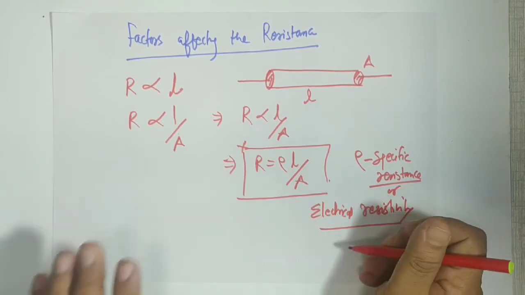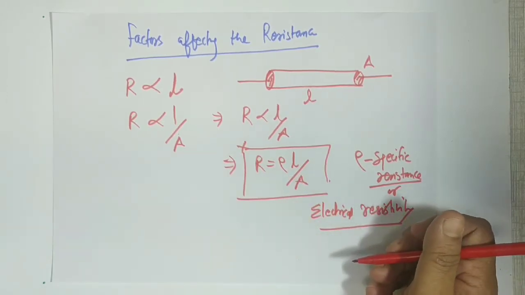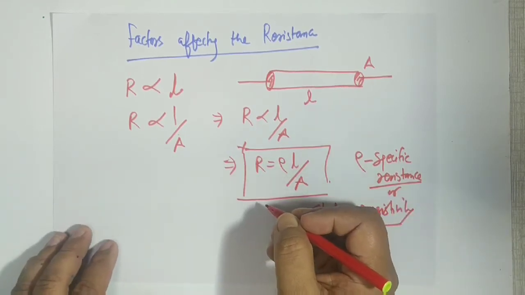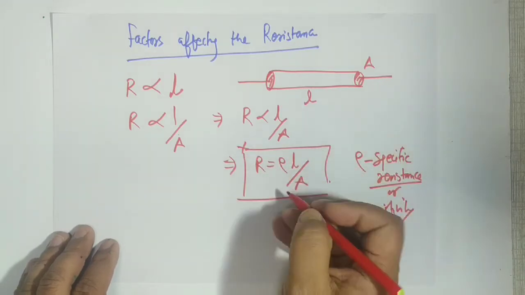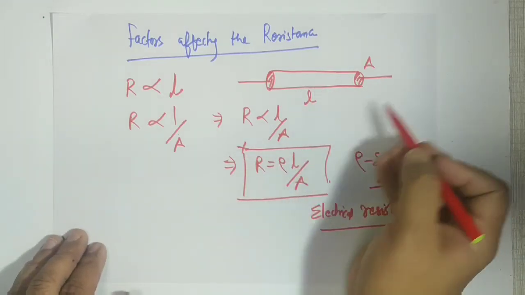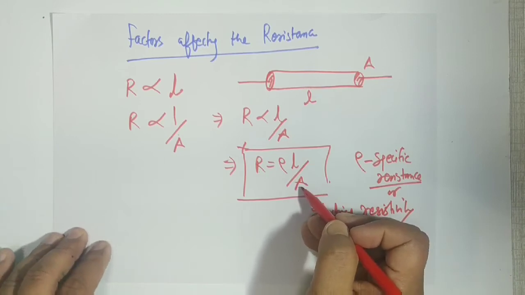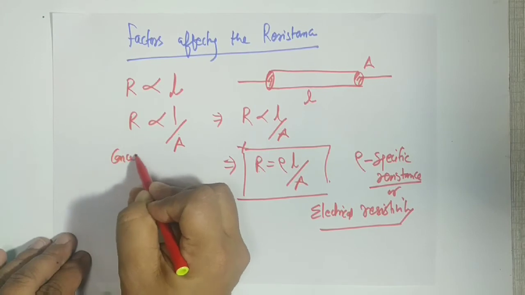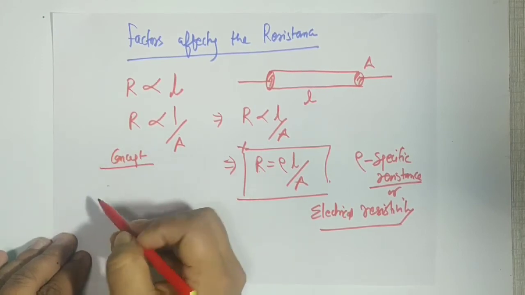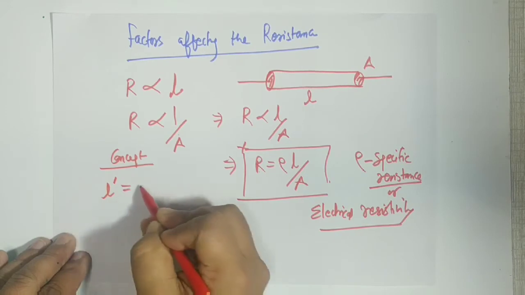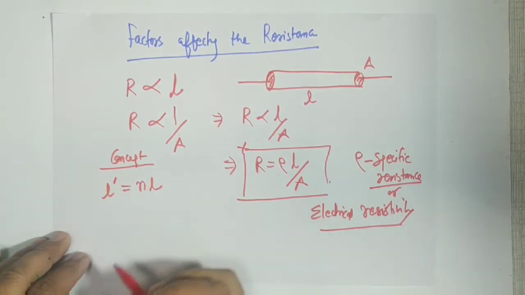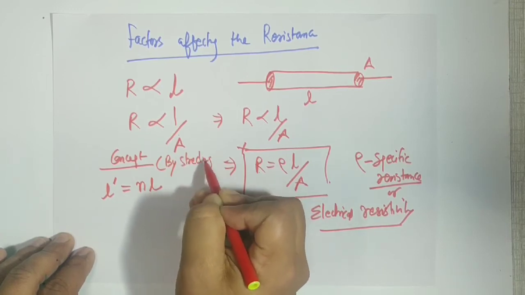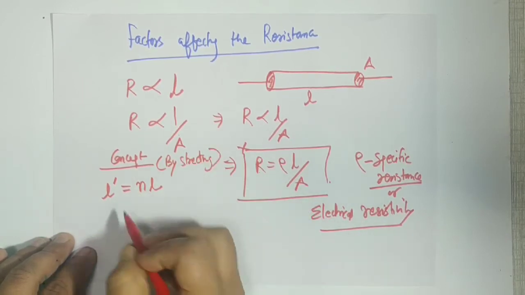Rho is a constant for a particular material, and this is how the resistivity is defined. Resistance depends on length and A. If the length increases, resistance increases. If area increases, resistance decreases. And there is a concept here: if the new length L dash becomes n times L by stretching it, do you know what will happen?